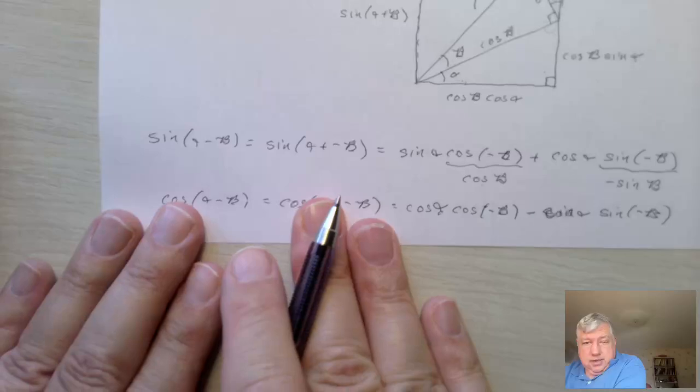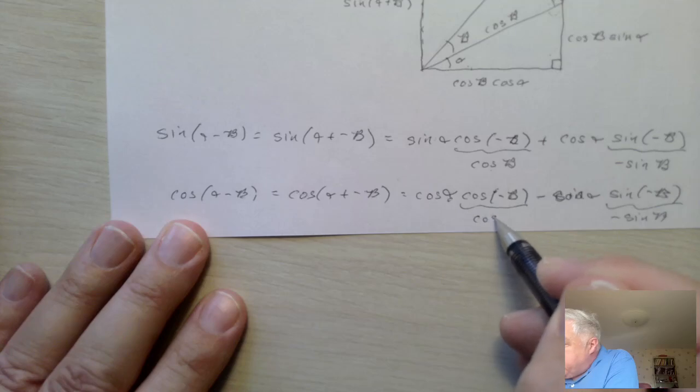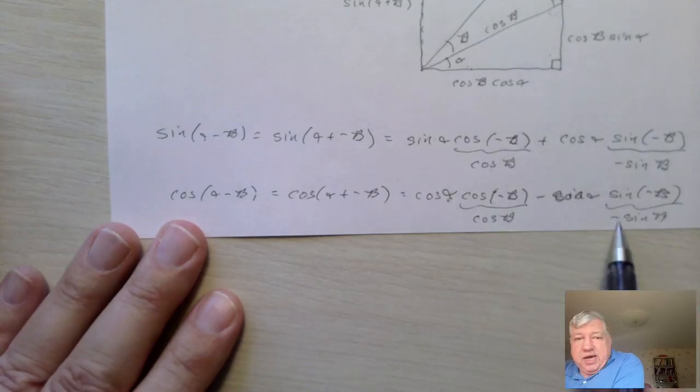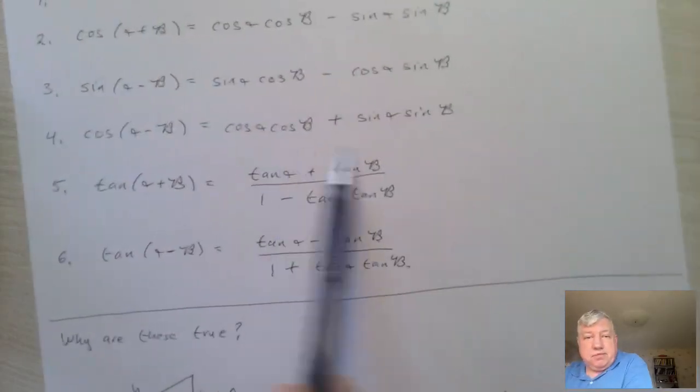Okay, and then this is going to again be minus sine of beta. This will be cosine of beta. So this minus sine cancels out with this minus sine, and so you get this part.